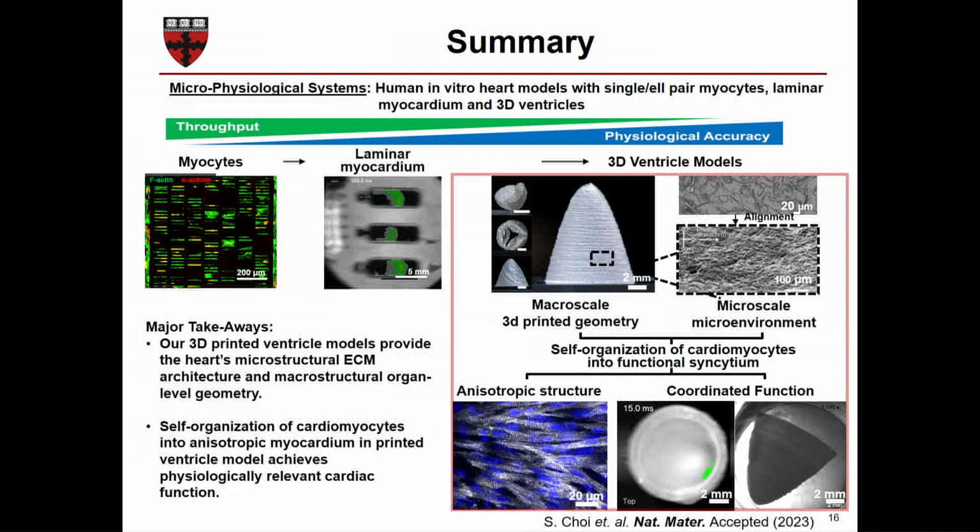We provide scaffolds with both macro-scale geometry and micro-scale aligned structure simultaneously, so that when we culture the cells, it provides self-organization of cardiomyocytes into a functional syncytium, so that we can observe the structural and functional recapitulation of the heart. Thank you for listening to my talk.